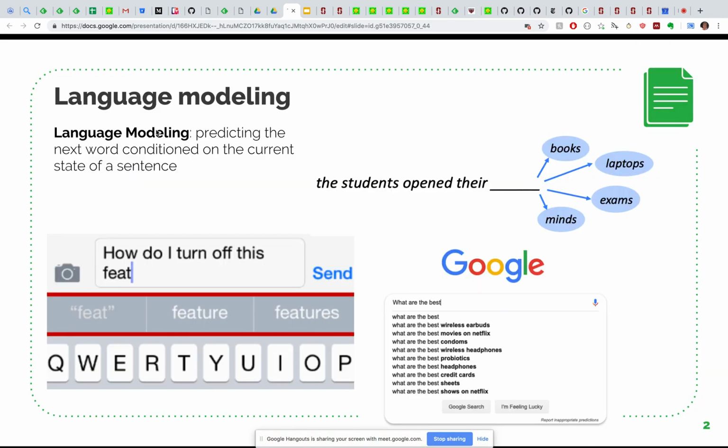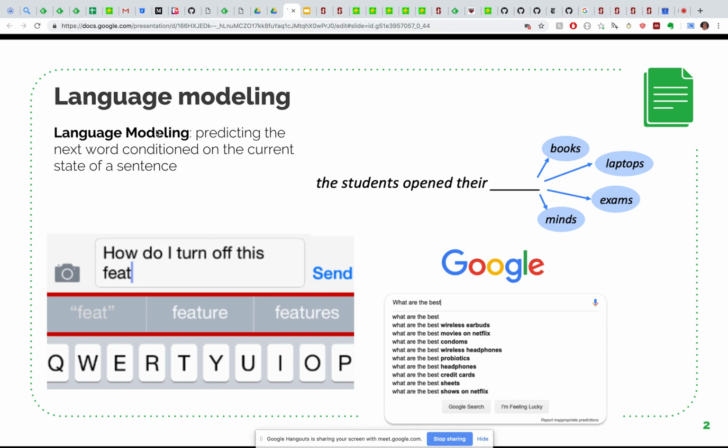So just basically to put everything into context, language modeling is a task which consists in predicting the next word from a sentence. So it's a conditional prediction. Based on the beginning of a sentence, we're trying to predict the next word. This is already included in many everyday life products.